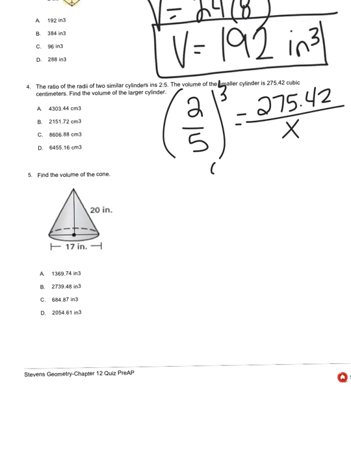That leaves me with 8 over 125 equals 275.42 over x. I'm going to cross multiply and divide.